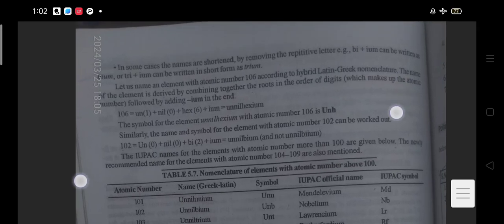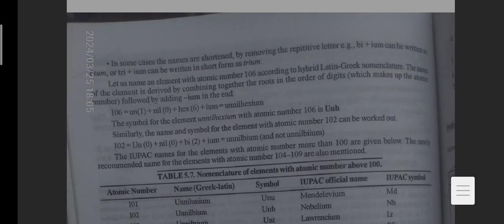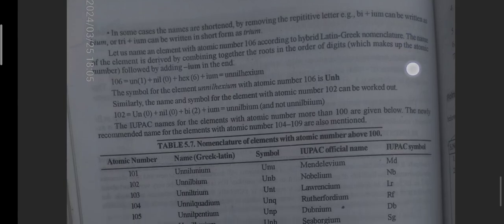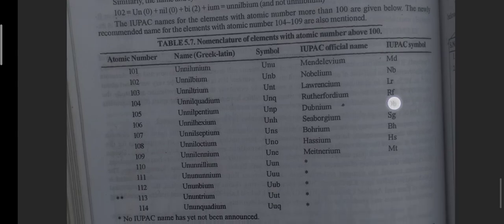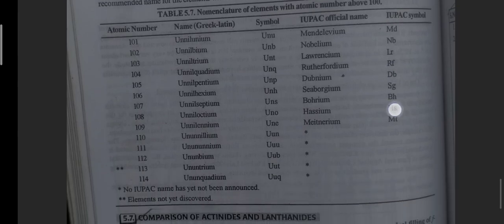In some cases, the names are shortened by removing a repetitive letter. Bi plus ium can be written as bium, or tri plus ium can be written as trium. Let us name the element with atomic number 106 according to hybrid Latin-Greek nomenclature. This is the table for nomenclature of elements with atomic number above 100.